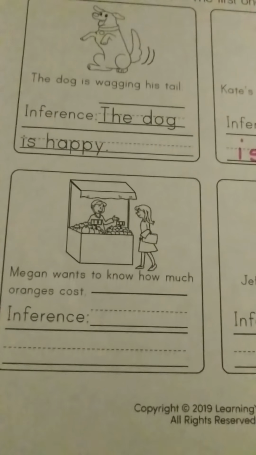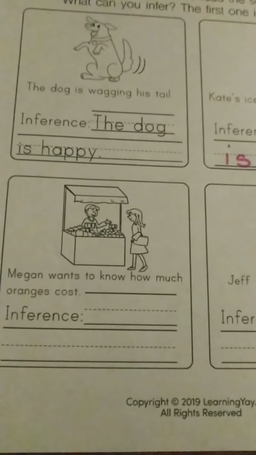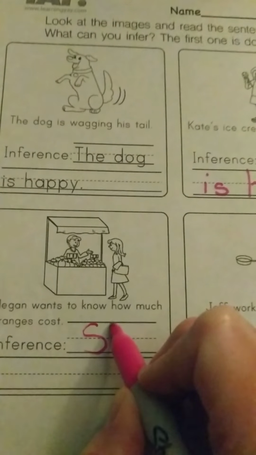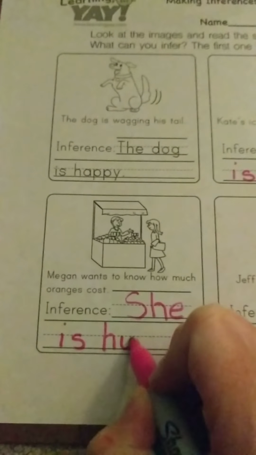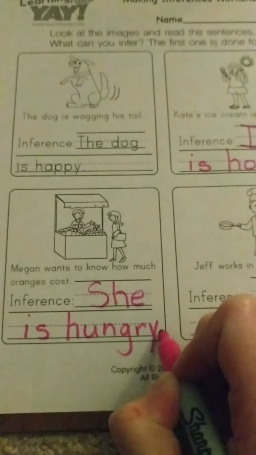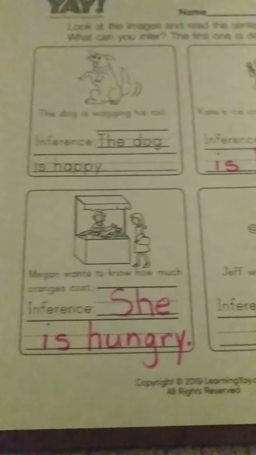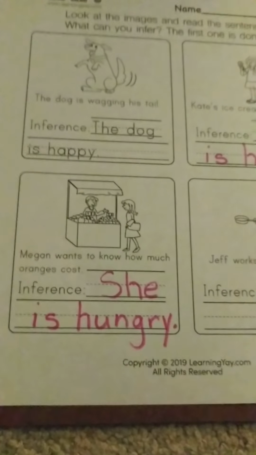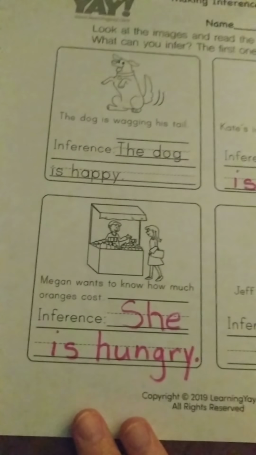Why would they go to a fruit stand? Oh, because they're hungry. So I'm going to write, she is hungry. Now, the author didn't tell me that Megan is hungry, but I was able to figure it out because I know people would go to a fruit stand because they wanted to eat some fruit. And the words told me that she's asking how much.